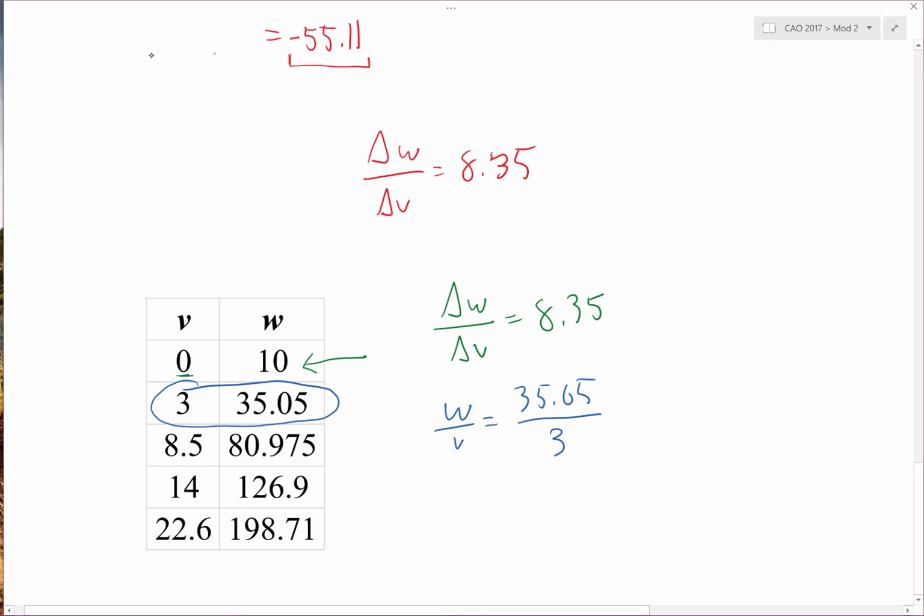And maybe we pick another pair of values. So if we looked at this pair of values and we computed the ratio of W to V, that would be equal to 126.9 divided by 14. And let's actually compute these values.